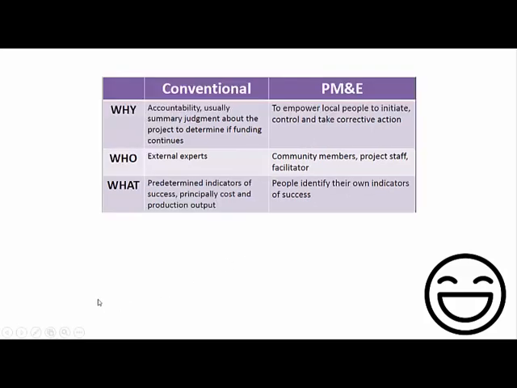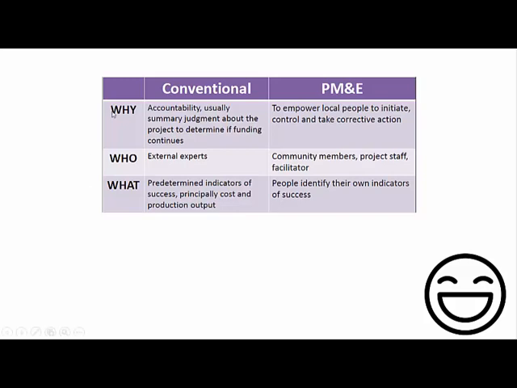Now let's look at the next difference, which is on the what. You see, guys, this is why I like participatory M&E. Sorry, I'm already looking like I'm more skewed to PM&E.